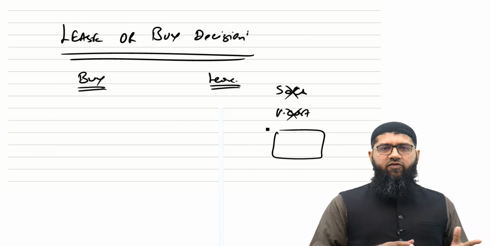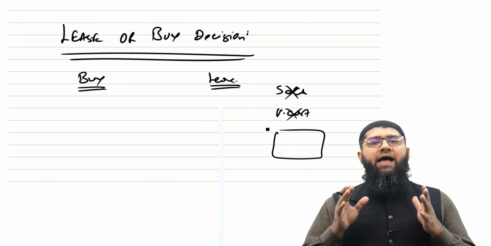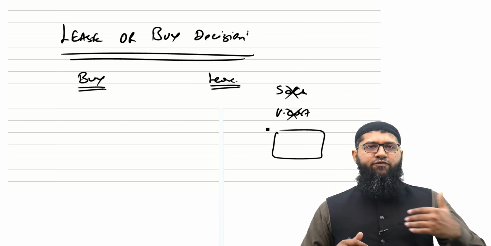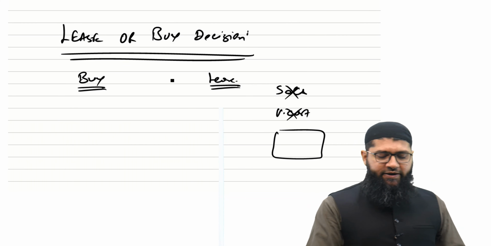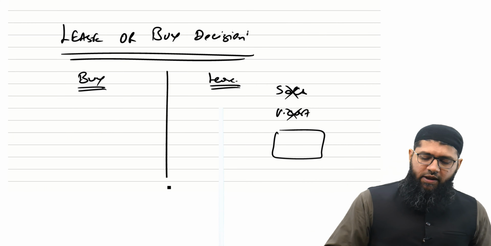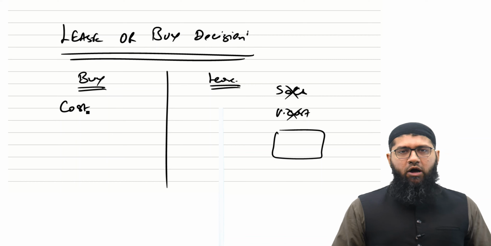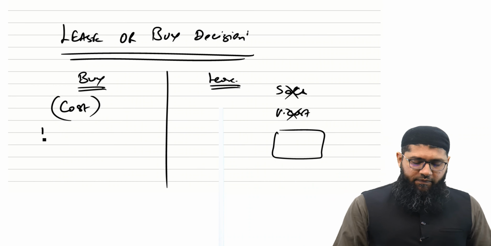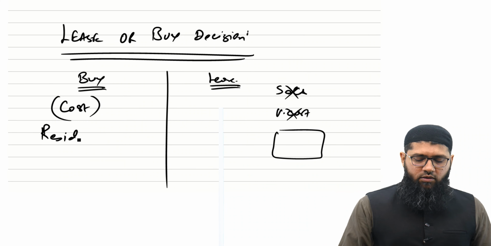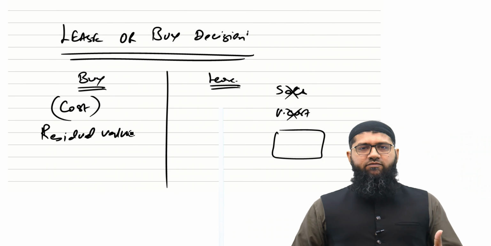So the decision is going to be on the basis of asset related cost, not on the basis of sales, not on the basis of variable cost, but on the basis of asset related cost. Let me take you through. If you buy the asset, one of the costs is the cost of the asset as an outflow. Then you have got the residual value of the asset, which is an inflow.